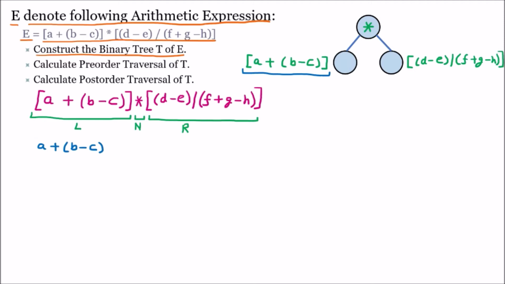So here we have this expression. As per constructing the binary tree, we know that we should divide it into three parts. So this is the first part, the second part, and what is in the bracket is considered as the third part. So this is left, this is node which is the parent, and this one is the right.